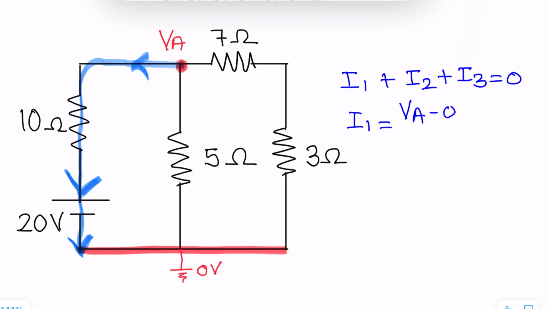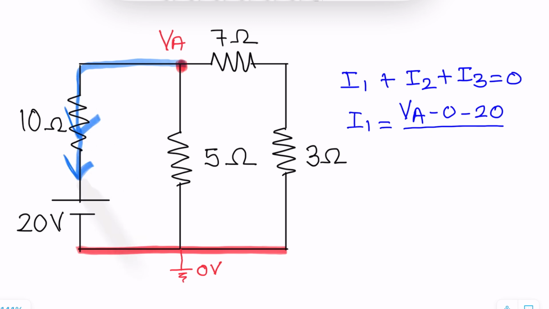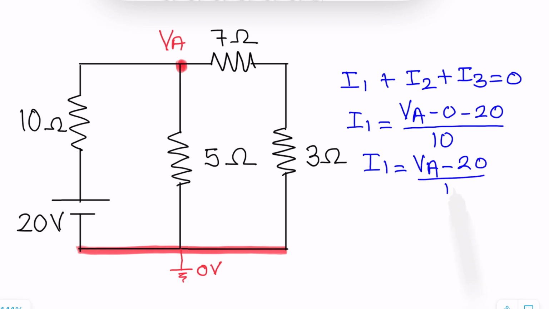So we can write down minus 20 divided by the resistor that is available in the path, which is the resistor 10 ohms. So this will become a denominator. So I1 can be represented I1 equals to VA minus 20 upon 10.